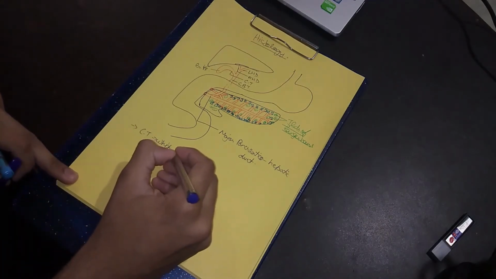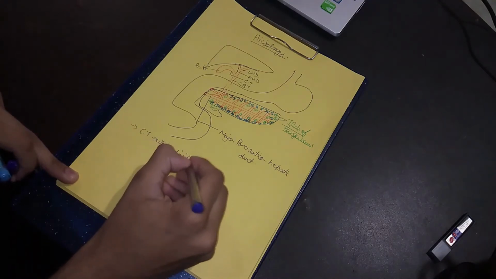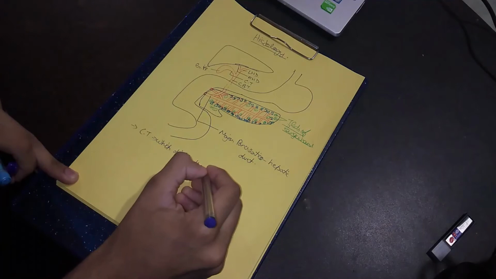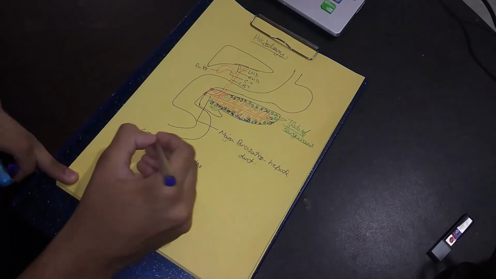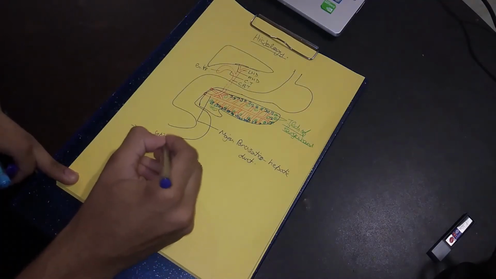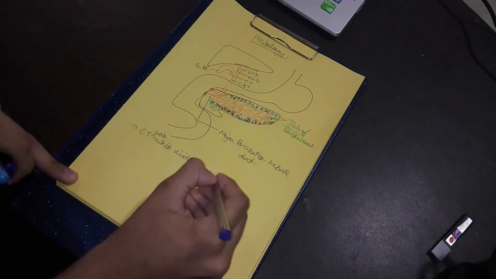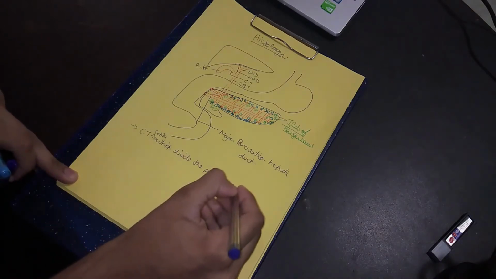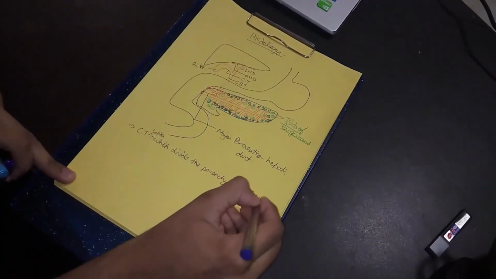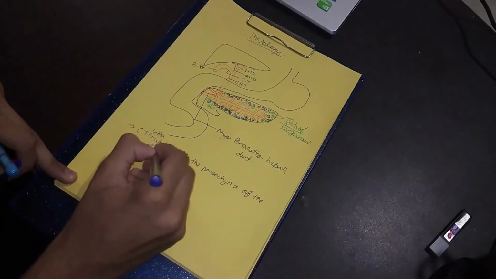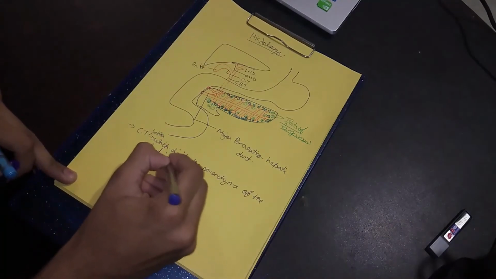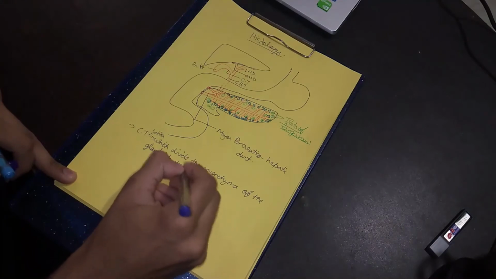The connective tissue has septa which divide the parenchyma of the gland into various lobules.